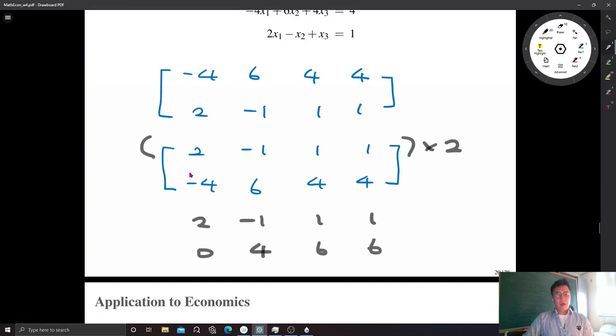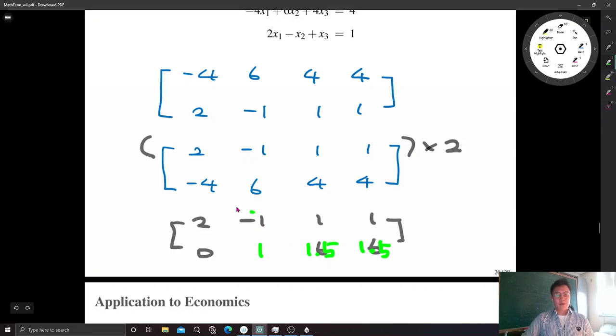Okay. Then now I can divide the second row by 4. Then 4 becomes 1, 6 becomes 1.5, and this is also 1.5. Okay. Now add the second row to the first. Then we can eliminate this number 1.